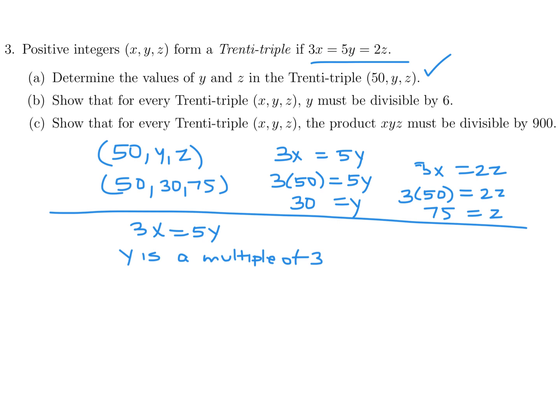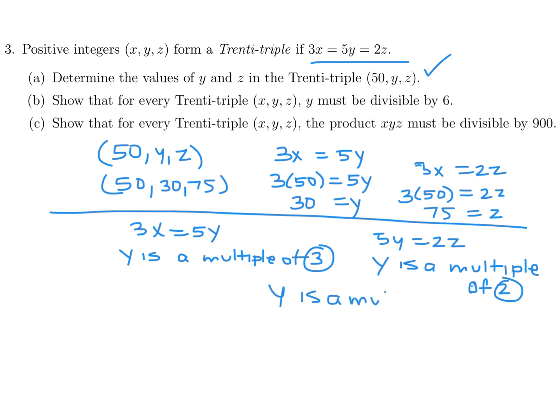And then similarly, we know that 5y is equal to 2z. Now that immediately tells you that y is an even number, because 5 is not even, and if it's even, then it's a multiple of 2. So y is a multiple of 2. So now you just combine these. It's a multiple of 3, it's a multiple of 2, so therefore y is a multiple of 3 times 2, which is 6. And that's exactly what they wanted you to do.